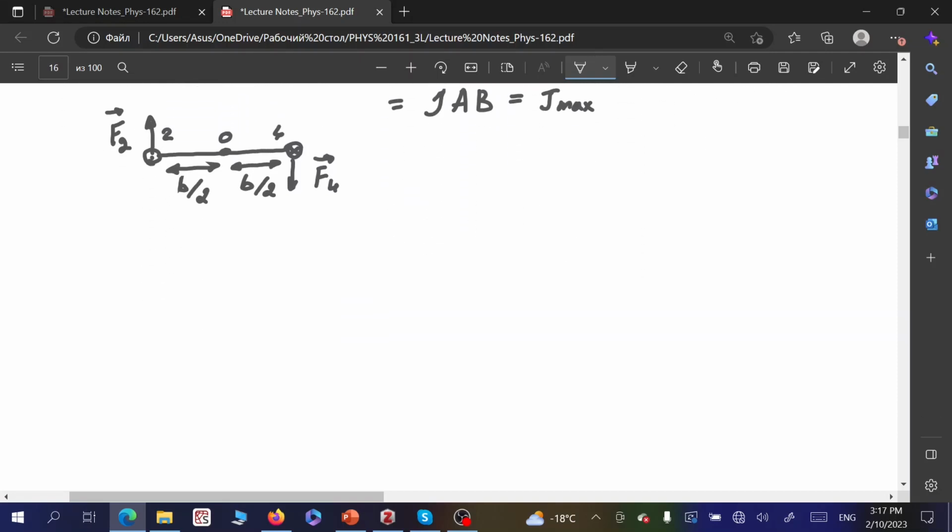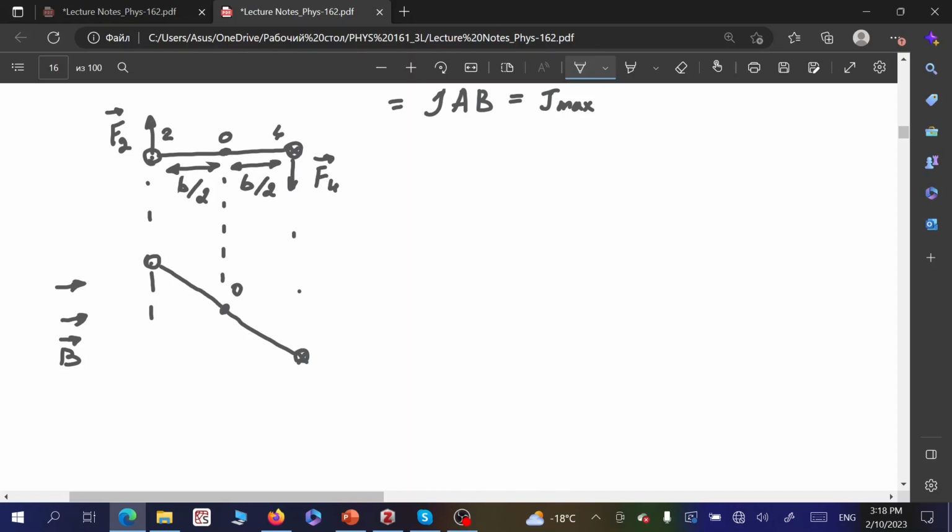Let's assume that we have our central point O. The current orientation doesn't change, it will be the same, but the orientation of this current loop is changed with respect to the magnetic field, which stays in the same orientation.